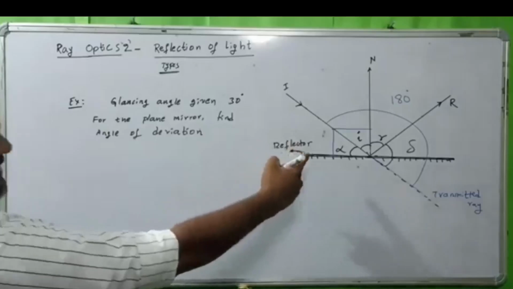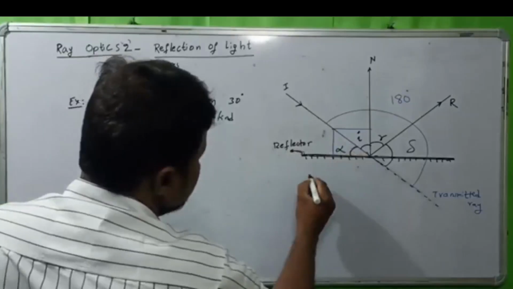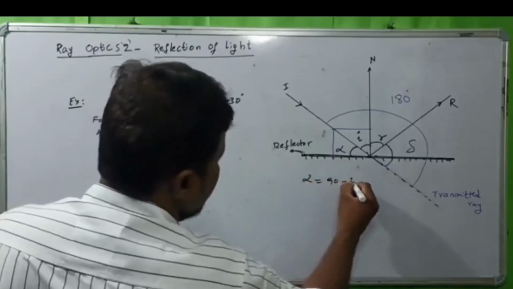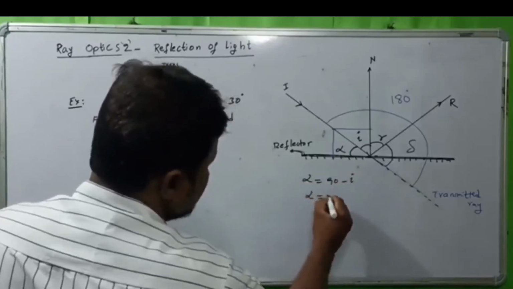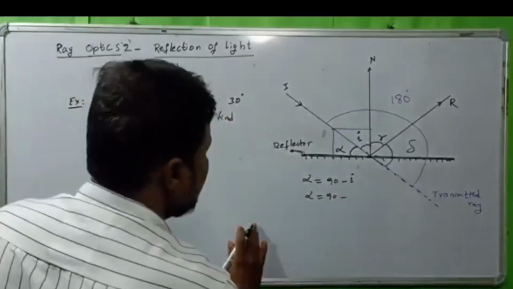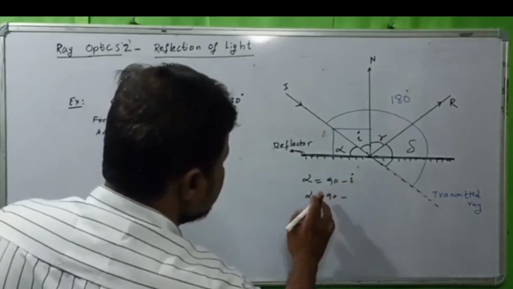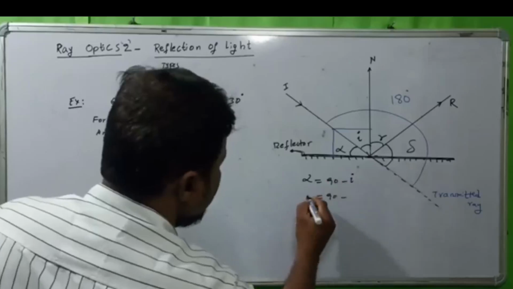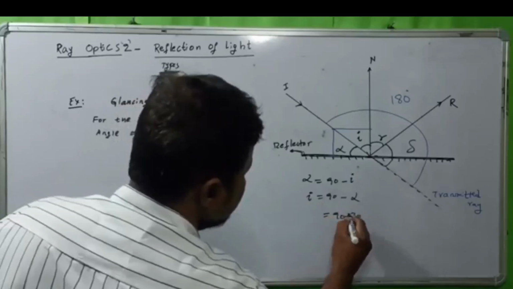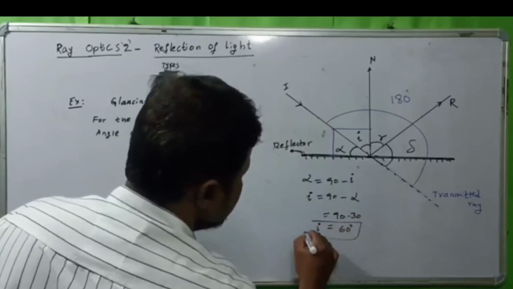From the diagram, glancing angle is given as 30 degree. Since alpha is equal to 90 minus I, alpha is equal to 90 minus I. From this we can write I is equal to 90 minus alpha, or 90 minus 30 degree. I will get 60 degree. I is equal to 60 degree.